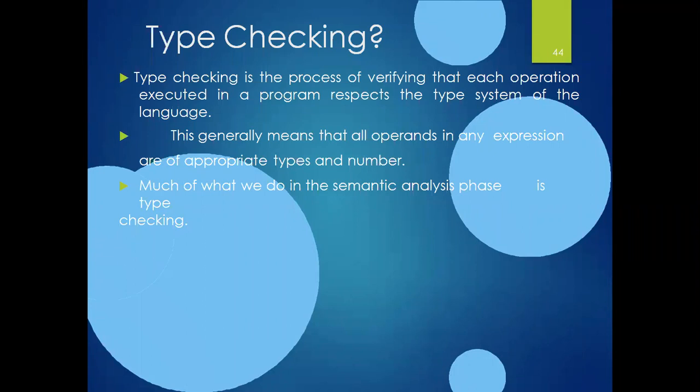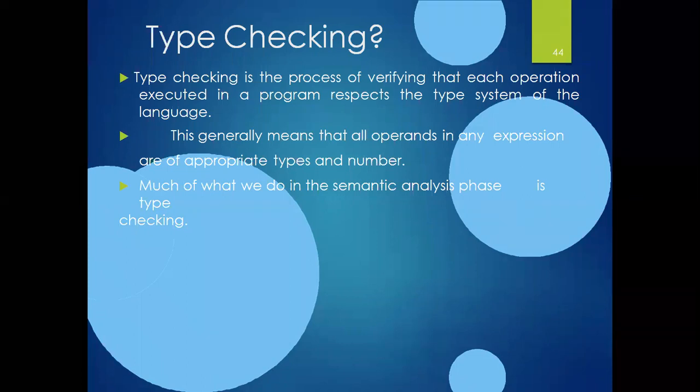Typically any language supports two types of data types. One we call basic data types, and the second is called constructed data types. Now the question is, what are the basic data types and what are the constructed data types? Well-known data types like integer, character, real, boolean, and enumerated all come under the basic data types.